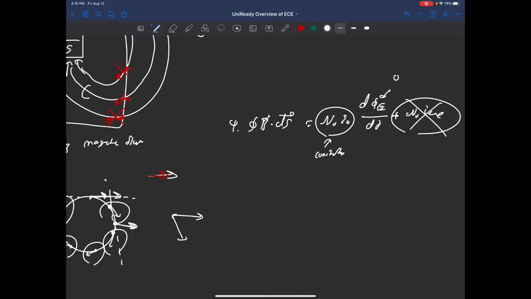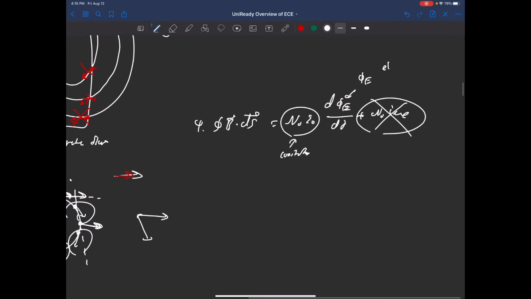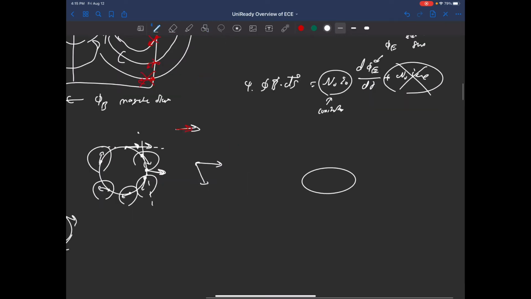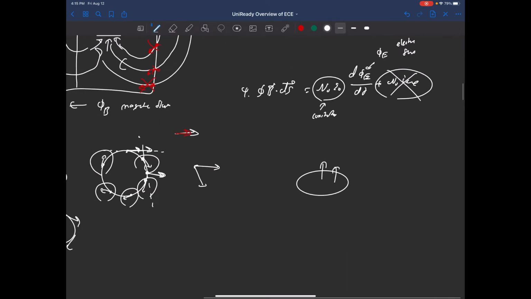And this is the electric flux. So if you have the ring again, and you have electric fields going through this enclosed area, then you have the electric flux defined on this enclosed area. Then if you have that electric flux changing with time, then you have some of this quantity being generated, which is magnetic field along the path.